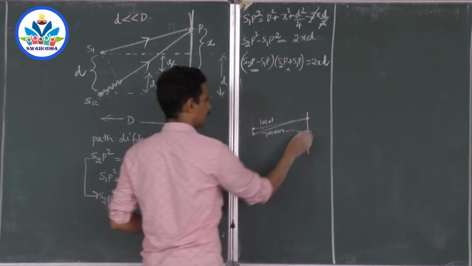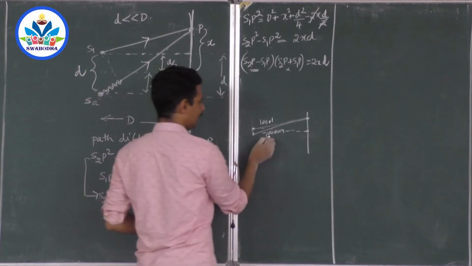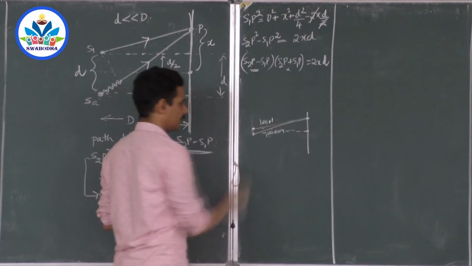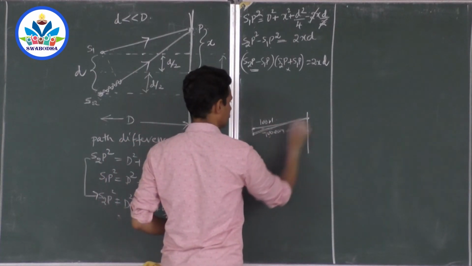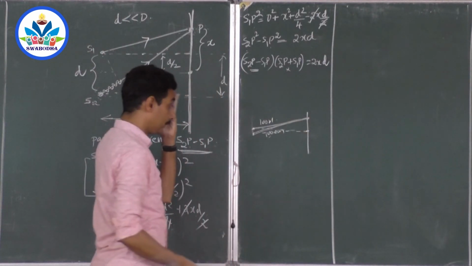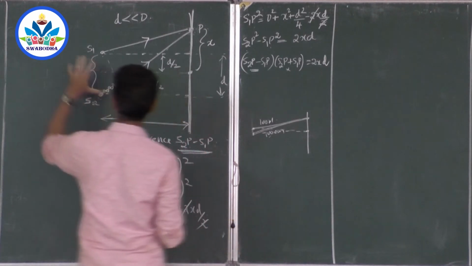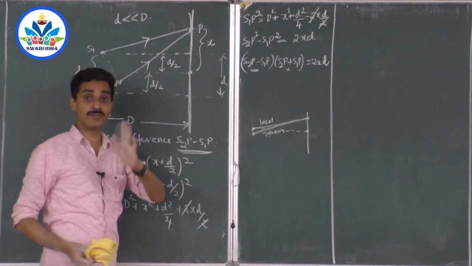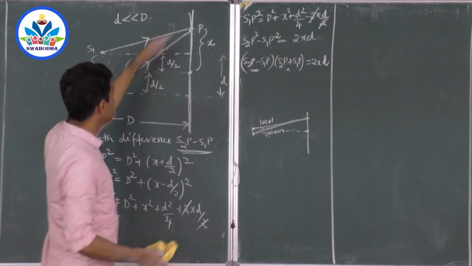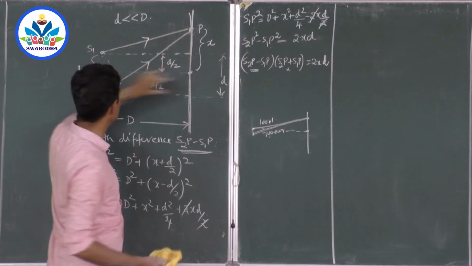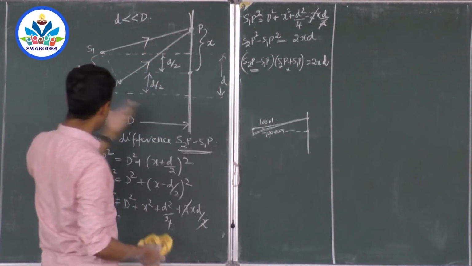Say this is the central fringe and you are just moving above. Only a very small difference between the two. Now, when you add these two distances, S2P plus S1P, in this diagram you don't feel that they are very close.